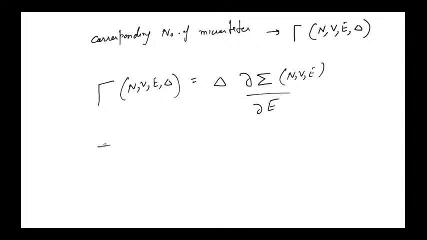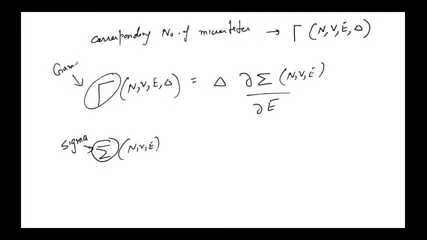So the number of microstates, I have denoted with sigma sign, and this I have denoted with gamma sign. These notations are named differently in different books, so you can use them as per your convenience.